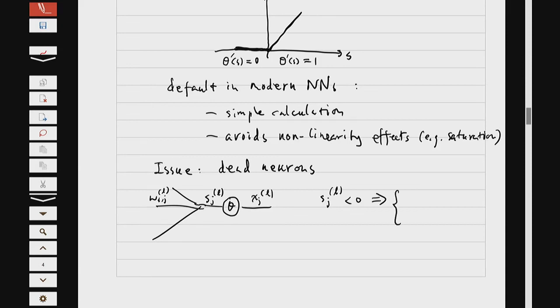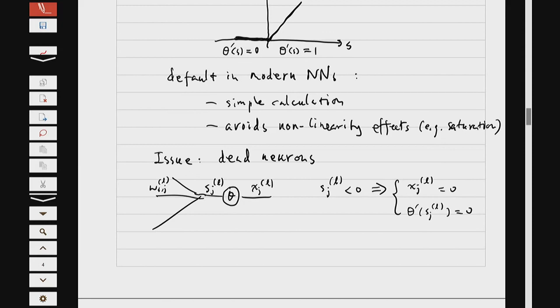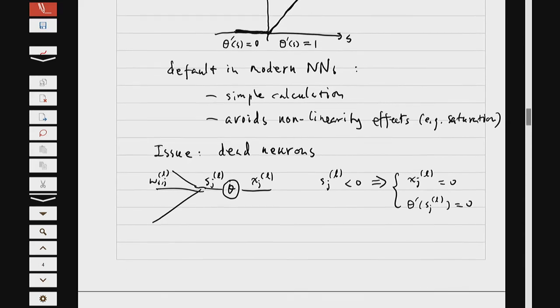What happens then if it's negative? It's ReLU, right? So nothing passes out. Therefore x_j, the output, becomes 0. At the same time, we know that the derivative on the negative side is 0. So all of your update, the backpropagation, stops. Because remember, this thing gets multiplied into the backpropagation formula, right?